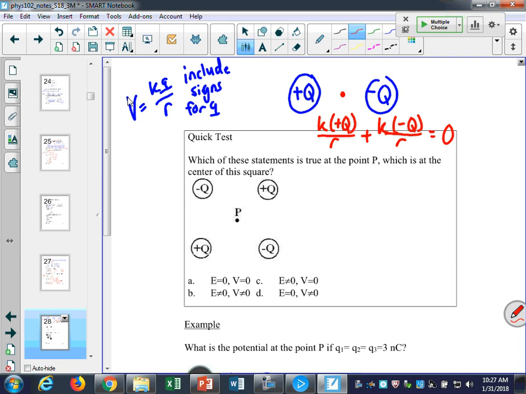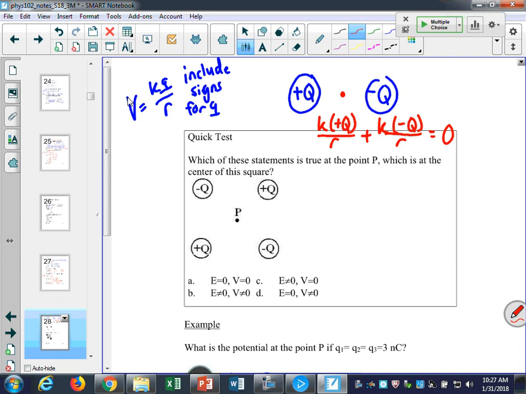If I have two equal charges of opposite signs, and I'm equidistant from both of them, my potential will be 0. It'll cancel out. I have 0 potential at that point. And so that brings us to this question. If I have 4 charges like this, I want to know at point P, what is the electric field?